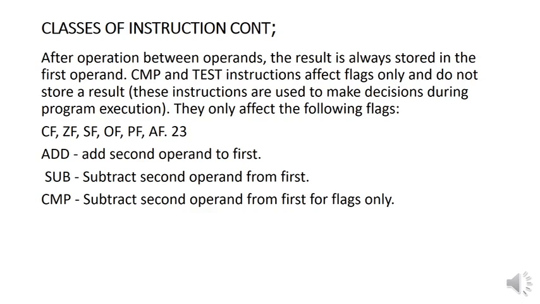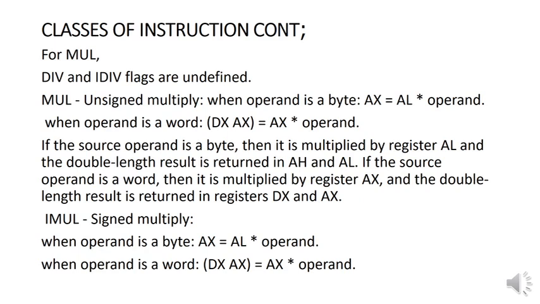For multiplication, div and idiv flags are undefined, but mul, unsigned multiply: when the operand is a byte, AX equals AL multiplied by the operand. When the operand is a word, AX is equal to AX multiplied by the operand.